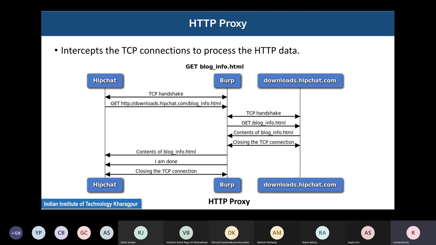Suppose there is a client which wants to see the web page at downloads.hipchat.com. The top level web page is called block_info.html. This HipChat client requests the web page, but it cannot request the web page directly.